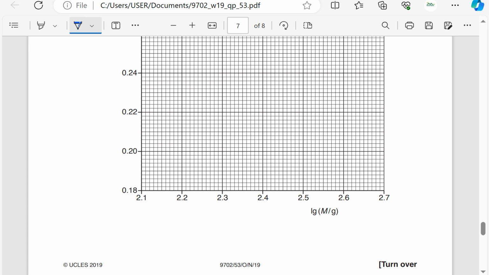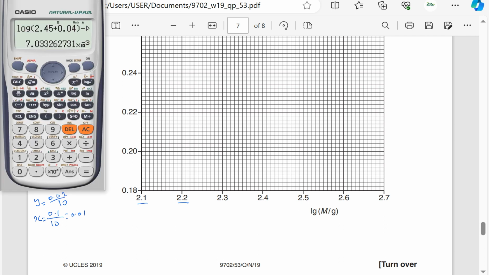So the scale here is 2.2 minus 2.1, which is 0.1 divided by 10. So on the x-axis, one box is 0.01. On the y, one box is 0.2 minus 0.18, that is 0.02 divided by 10. Am I correct?